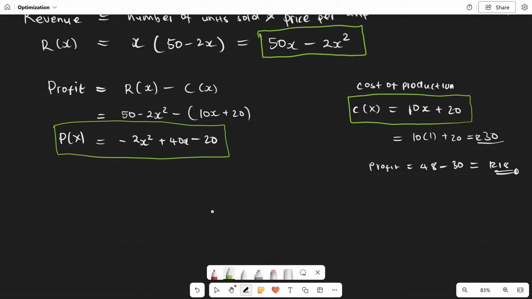Remember we said in the beginning, what are we trying to maximize? We're trying to maximize our profit, right?